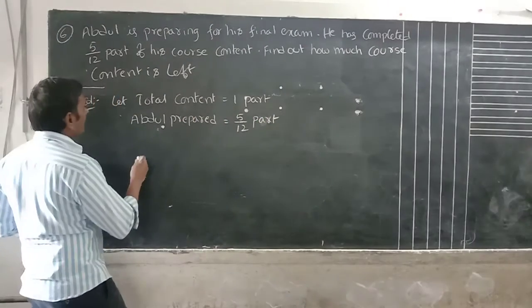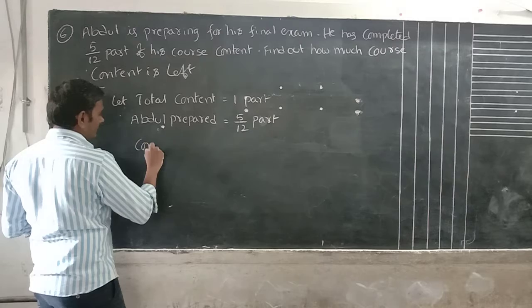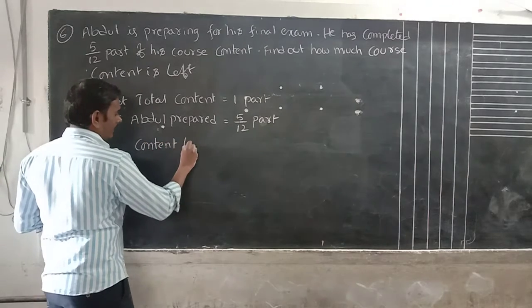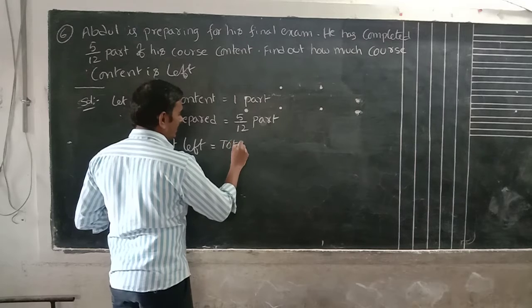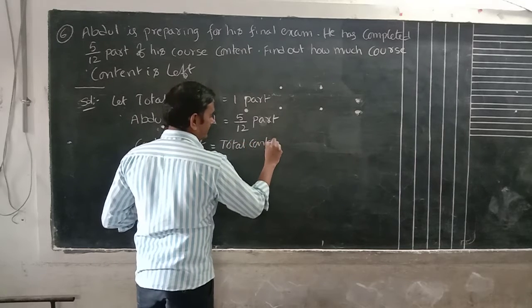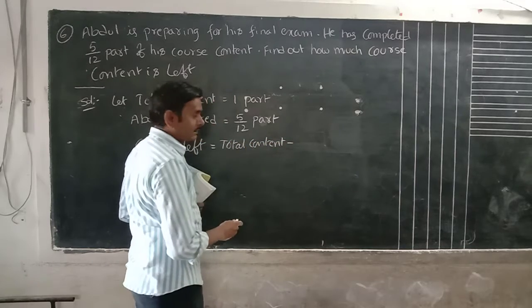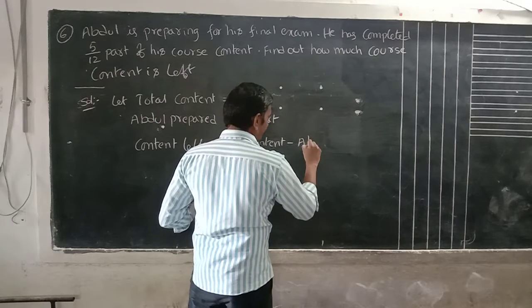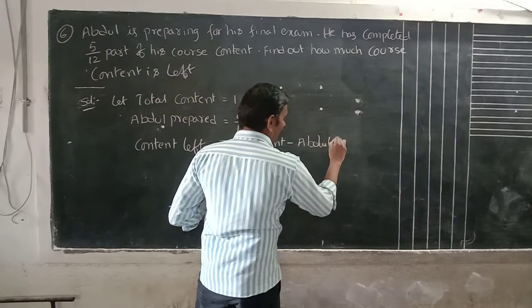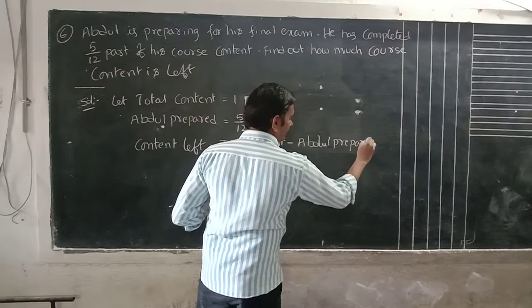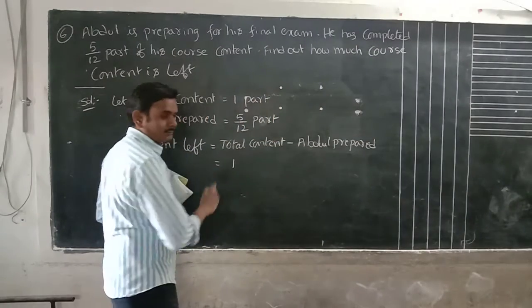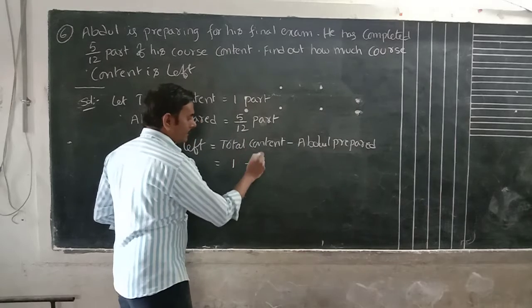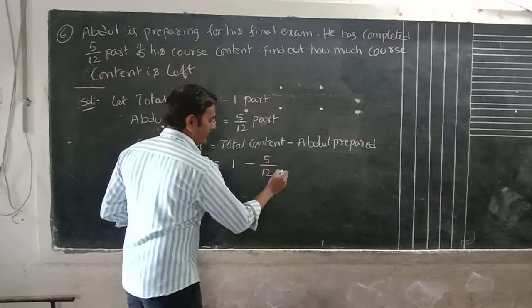Okay, remaining left equal to content left equal to total content minus Abdul prepared. Total content means 1 minus Abdul prepared 5/12.